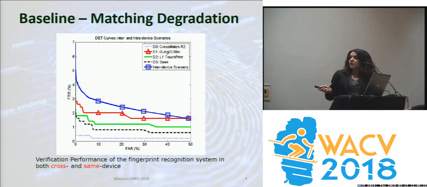So this is the challenge that we are solving. We want to improve this error rate. We can see that for a low false acceptance rate, the false rejection does increase, and it is almost close to 6%, which is not acceptable.